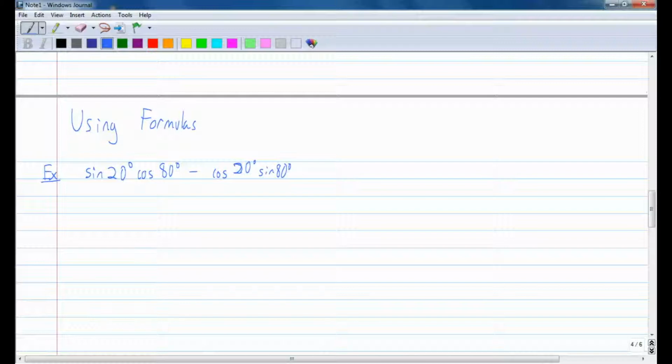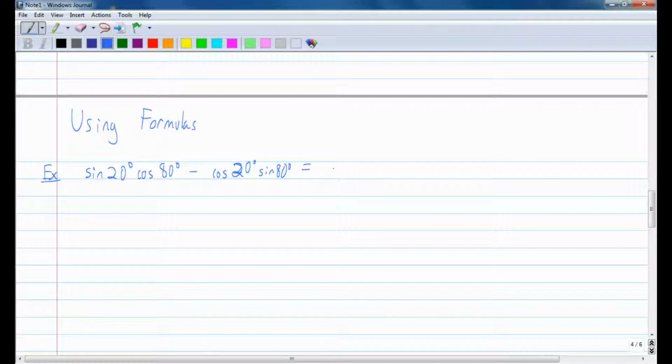So what you would want to do is figure out which formula that matches. You want to use the formula that has sine cosine and then plus or minus cosine sine. And so that would be the formula for sine. Now look at the plus or minus that's in between the terms. For sine, if there's a minus here, then it's a difference.